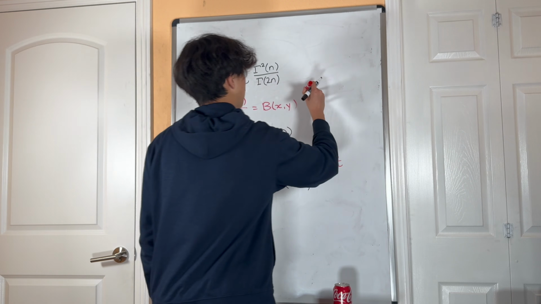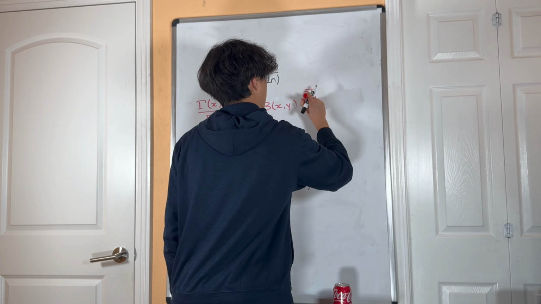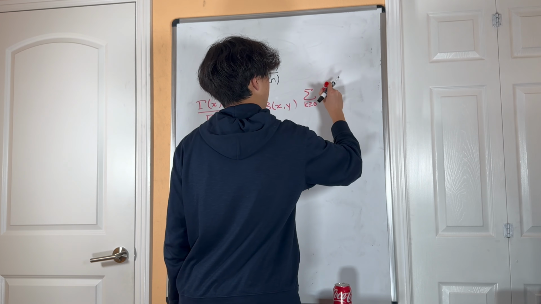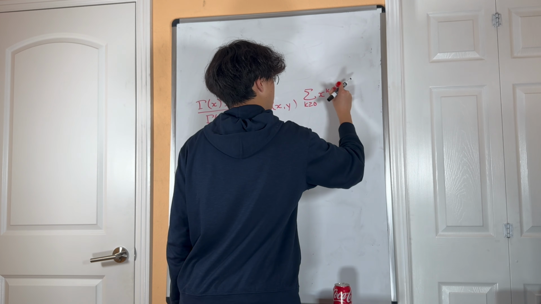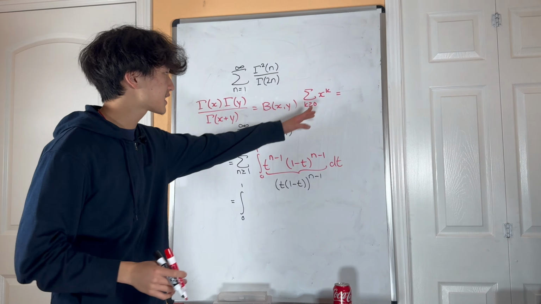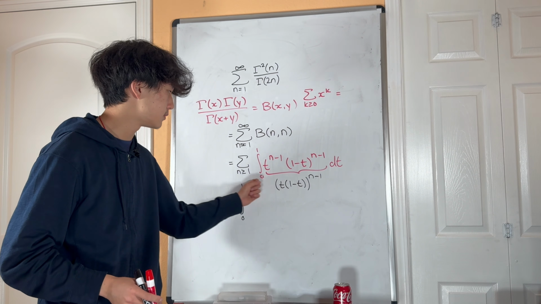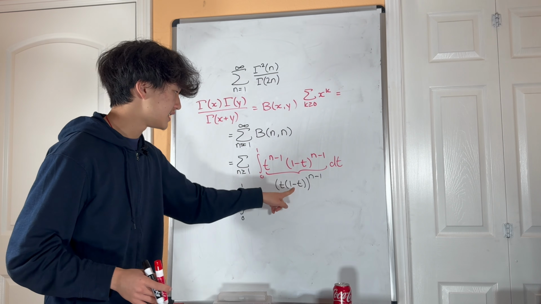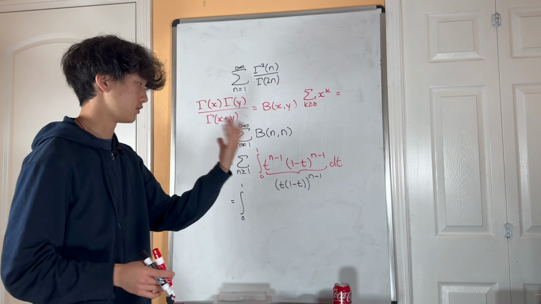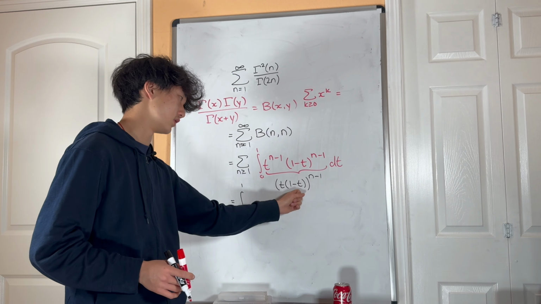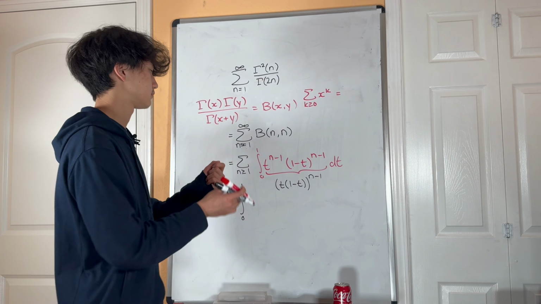Let's just write this down really quickly. If you remember, if you have k being greater than or equal to 0, and you have the function x to the k, well, as long as x is between 0 and 1, which here obviously it is because t is between 0 and 1, 1 minus t is also between 0 and 1. You'll figure that out in a second by just plugging in the extreme bounds for this second factor there.